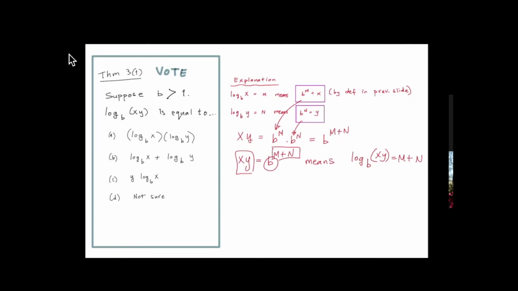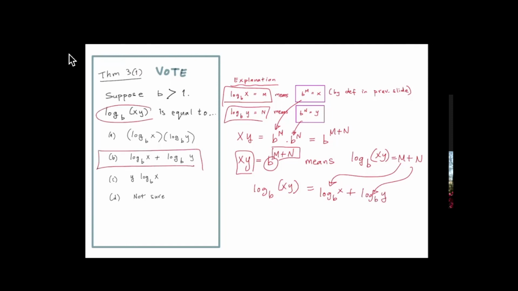So this means that log base b of xy is equal to log base b of x, from here, plus n, but n is equal to log base b of y. And so these two are equal. Again, you can either remember this or go through what I just did if you forget.